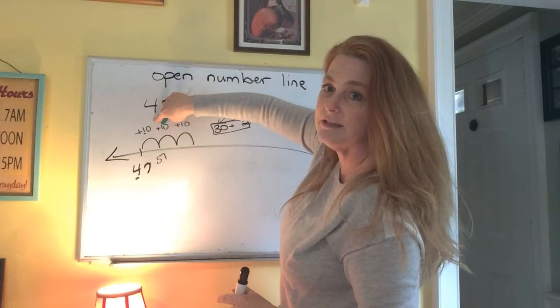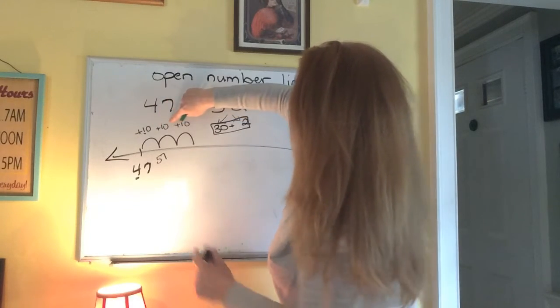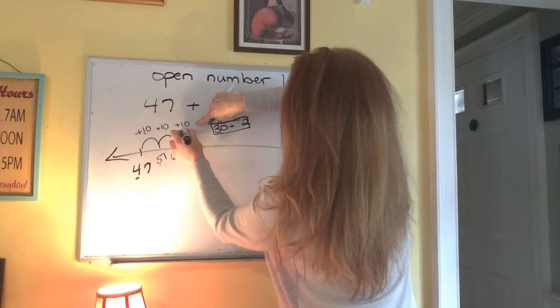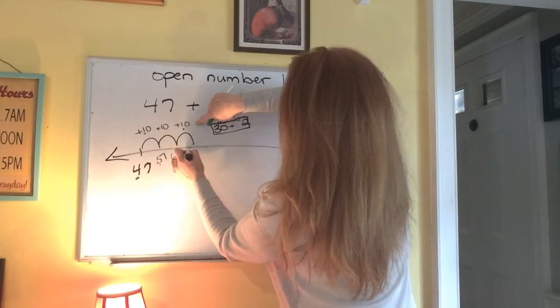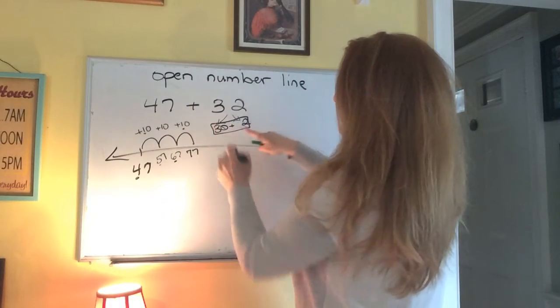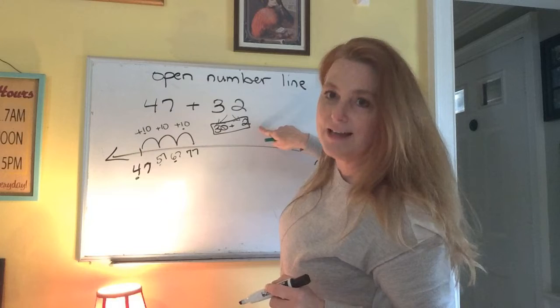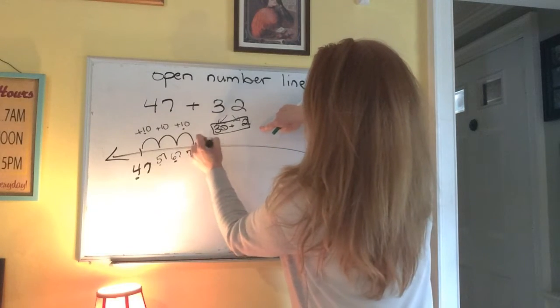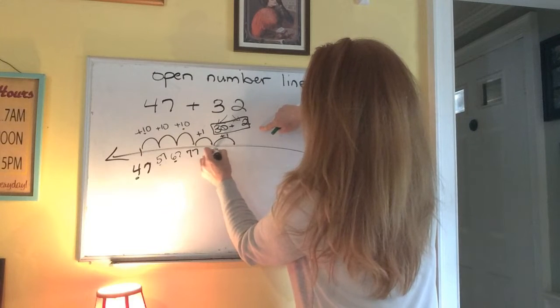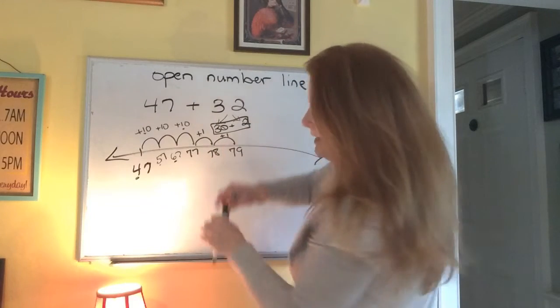Don't just say 50, because that 7 stays. Another 10 is 67, and another 10 is 77. So I added the 30, now I just have to add the final 2. So I'll do 77 plus 1, plus 1, 78, 79.